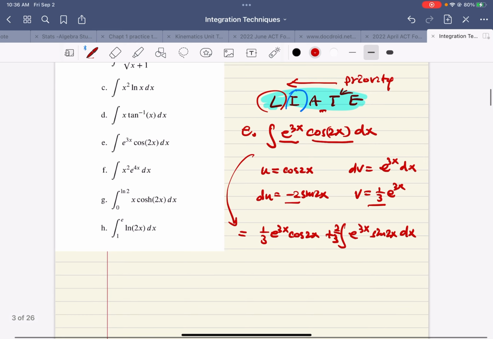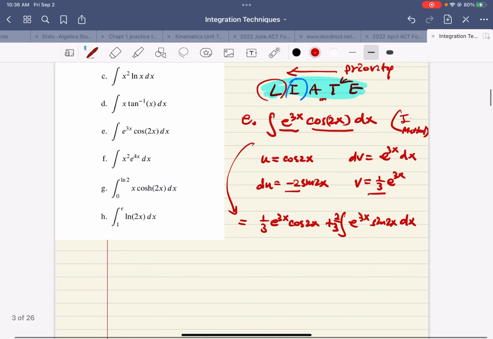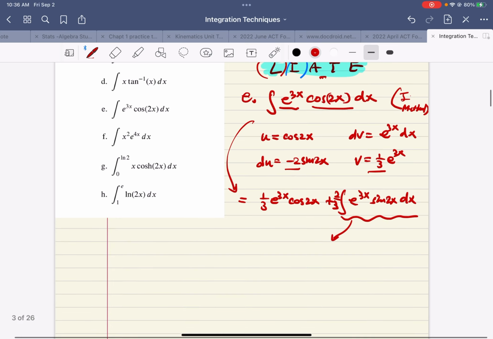Okay, so you're going to experience a different method. We call this one the I method. You will see soon. Now let's do one more time, only that portion. So u equals sine 2x, and dv equals e to the 3x dx again.